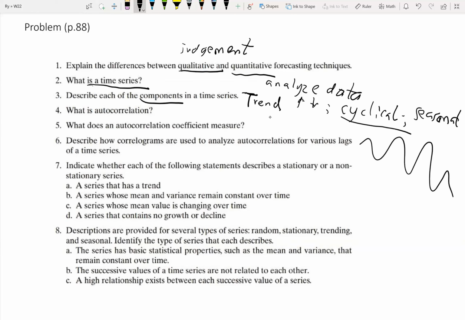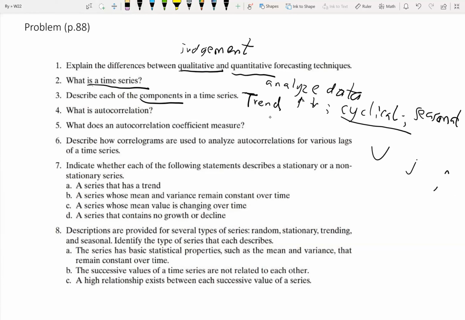And the seasonal data is the pattern of change that repeats itself year after year, quarter after quarter, month after month, week after week. So seasonal data is a pattern of change that repeats itself. Cyclical is wave-like functions around the trend.